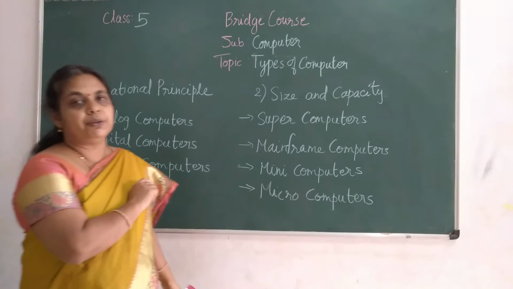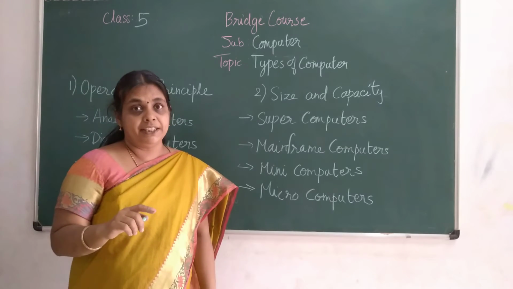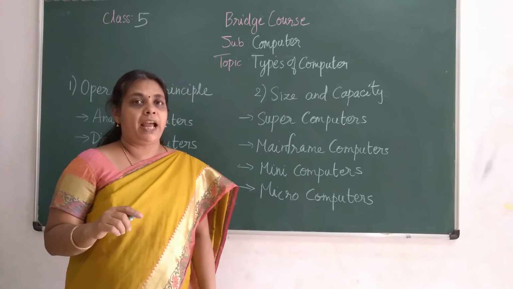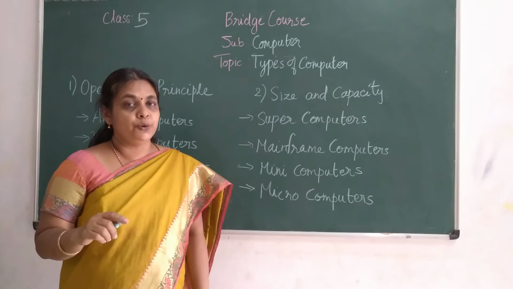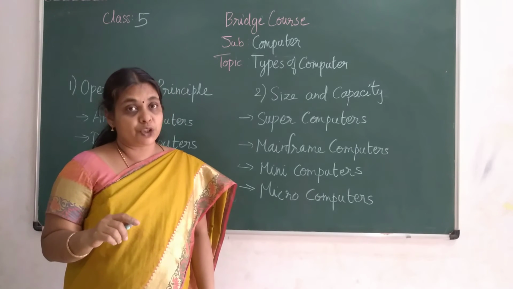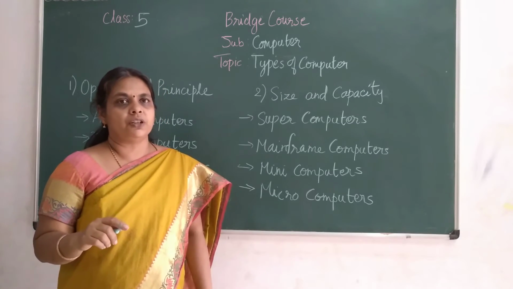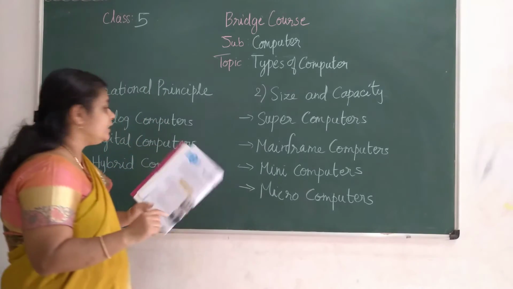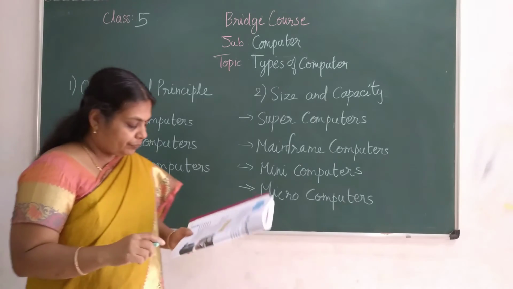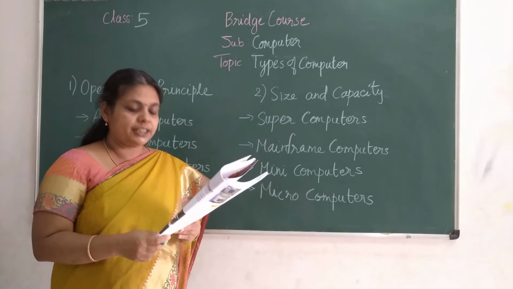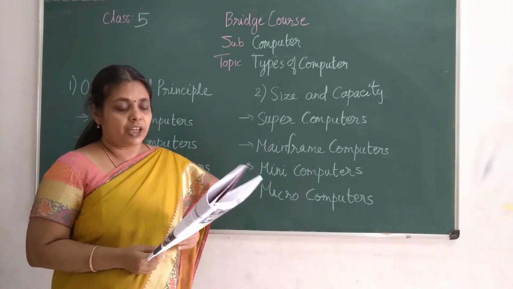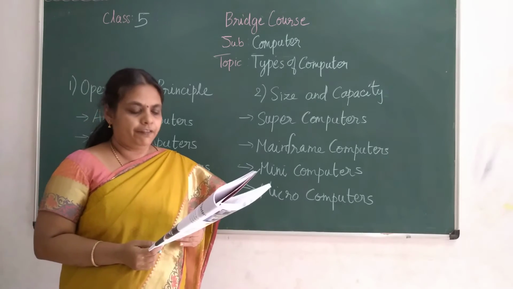Then the next one is the digital computer. Digital computers use the binary digits zeros and ones. A huge amount of work can be stored and handled, children. Those are done in digital computers. They are also used in designing, research and data processing fields.